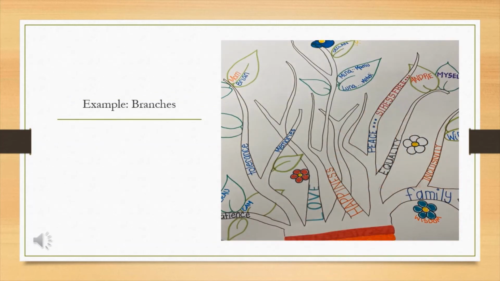All right, so here's an example of the branches from a tree from the Tree of Life program, and you can see some of the hopes, dreams, and wishes that this person had for themselves, for their community, and for others. So as we can see, there's tolerance, there's patience, happiness, equality, inclusivity, family.